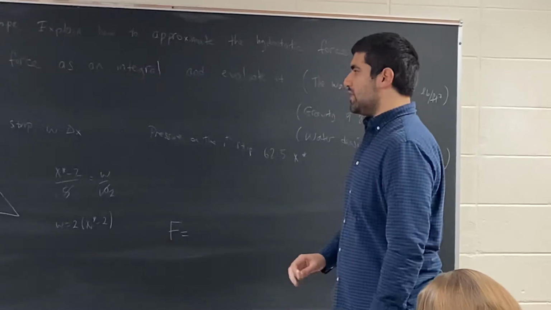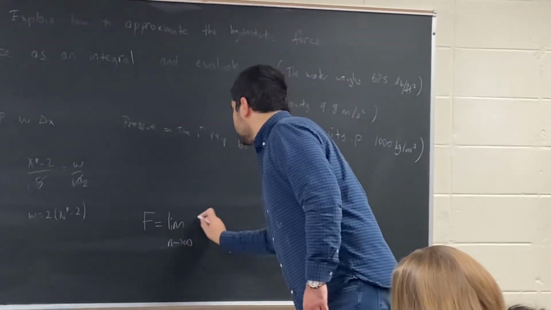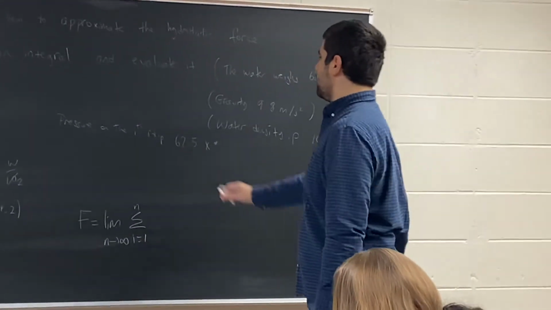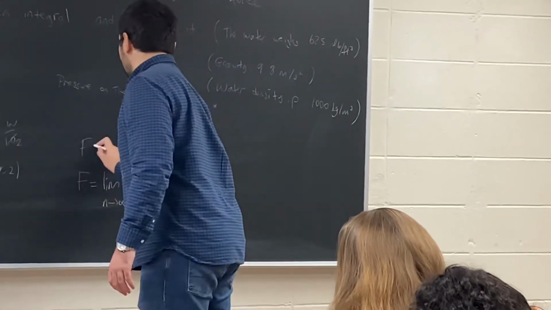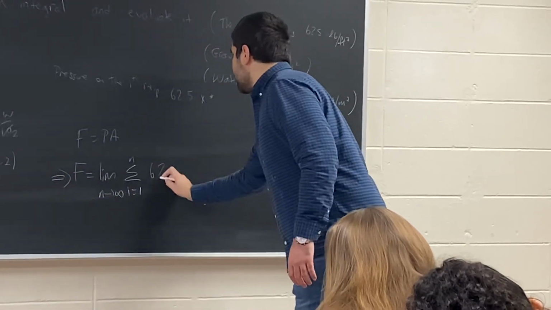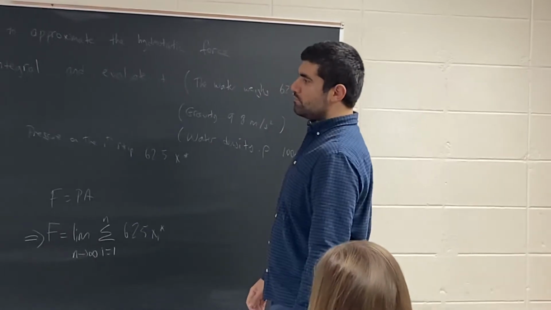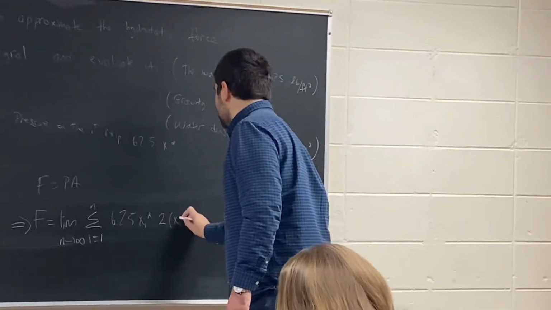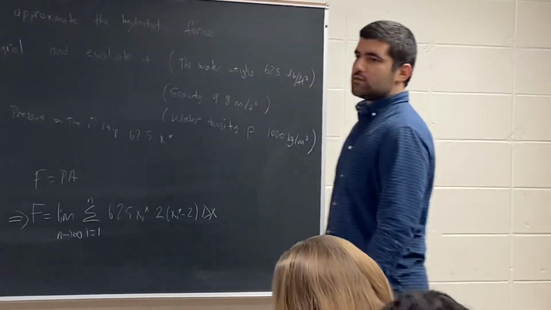F equals P times A. So it's going to be the pressure times the area, and the area is 2 times xi star minus 2 delta x.